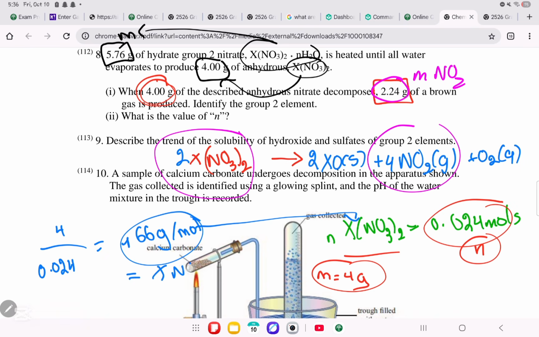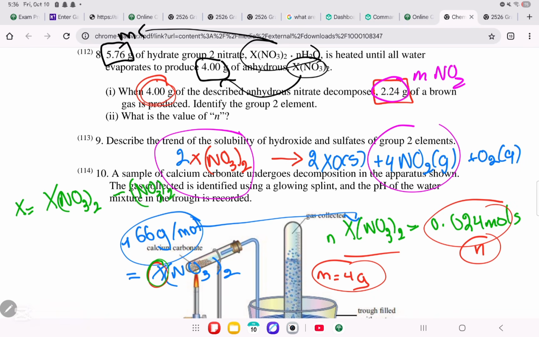What about X? All of what we're solving is for us to be able to find X. So what we did was we found the molar mass of XNO32. Now let's find the molar mass of X. Molar mass of X is equal to the molar mass of XNO32 minus the molar mass of NO32.